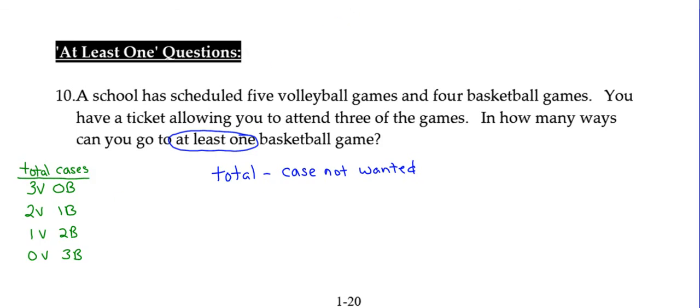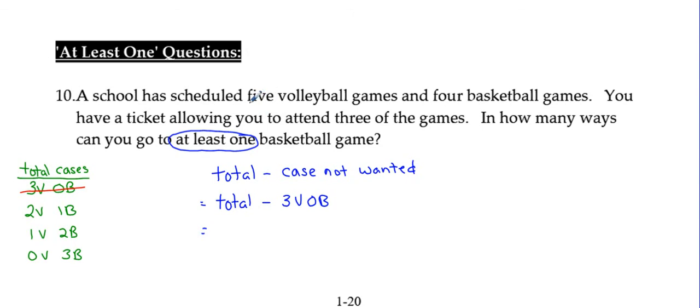The case that we don't want is no basketball games, because we want to go to at least 1 basketball game. So the case we don't want is 3 volleyball, 0 basketball. So what we're doing is we're going to take the total number of cases and subtract 3 volleyball and 0 basketball.